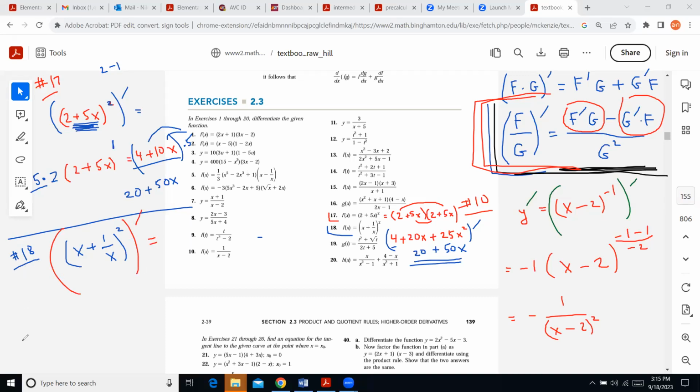So 2 goes on the ground, and the power of my parentheses is now 1. But I have to now multiply it by the derivative of the inside, just like with that 5, remember? So how to take the derivative of what's inside? Well, let me first prepare what's inside, write this as powers.